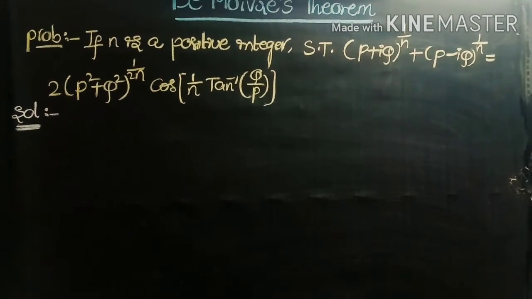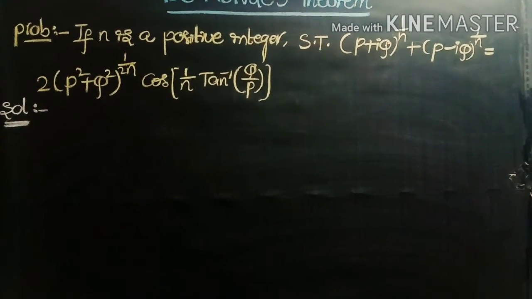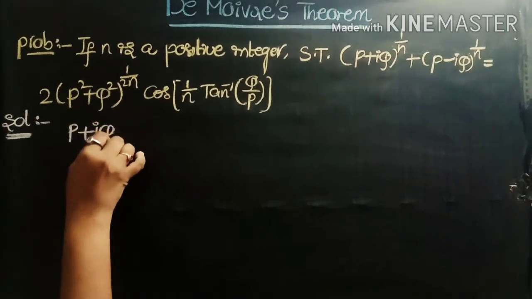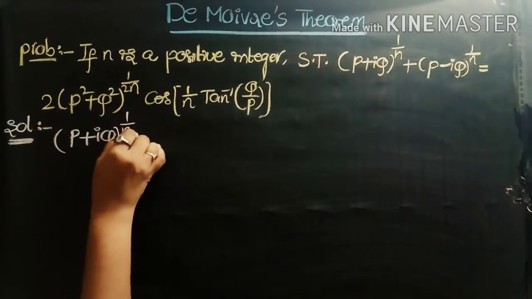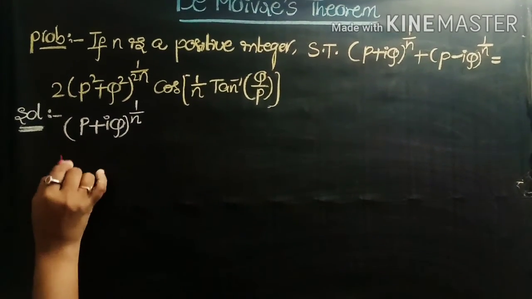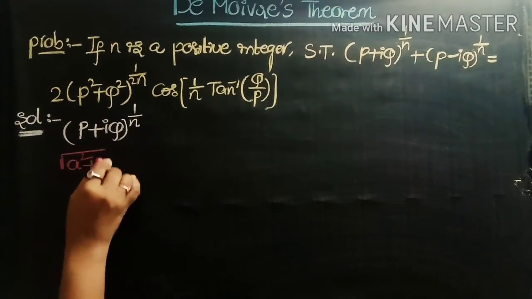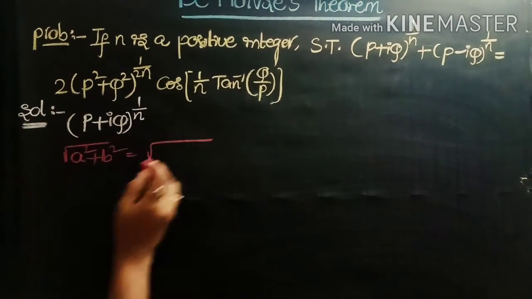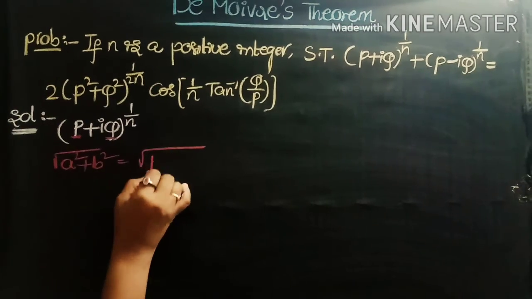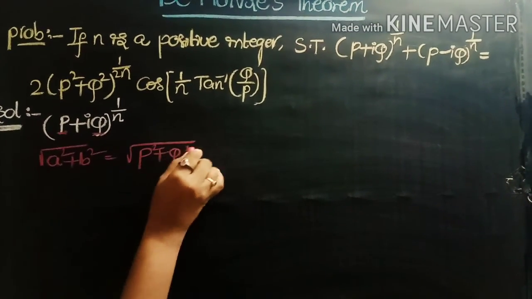First we take only the first term of the LHS for the simplification, which is (p + iq)^(1/n). Next we find the value of the square root of a² + b², where a = p and b = q, that is √(p² + q²).